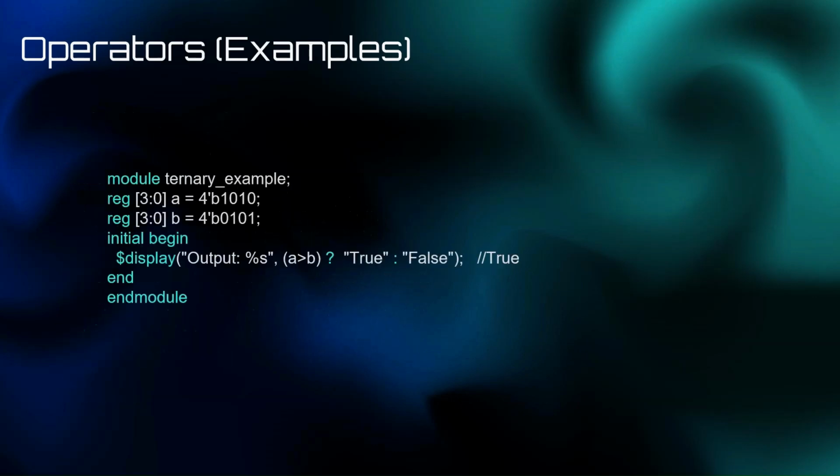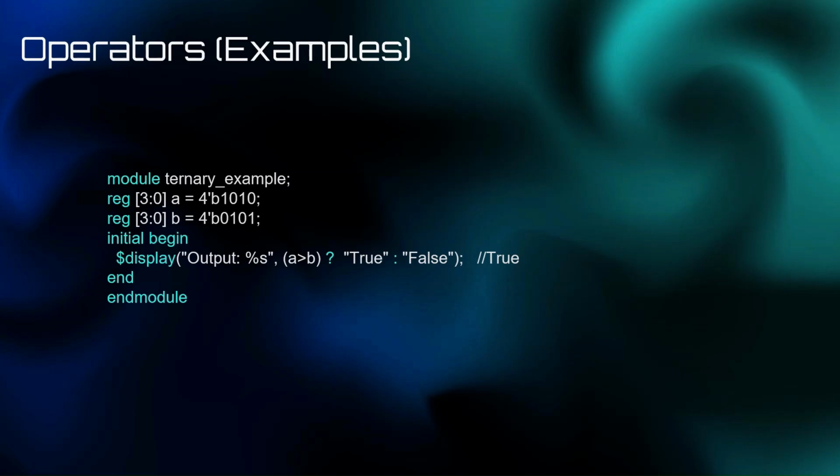Finally, let's examine the ternary operator with the ternary_example module. In this module, we have two 4-bit registers named A and B, initialized to A is 4'b1010 and B is 4'b0101 respectively. In the initial block, we use the ternary operator to compare A and B. The ternary operator syntax is condition question mark true expression colon false expression.